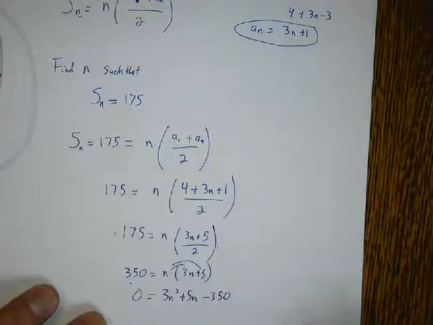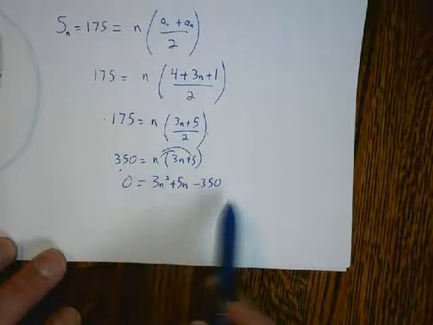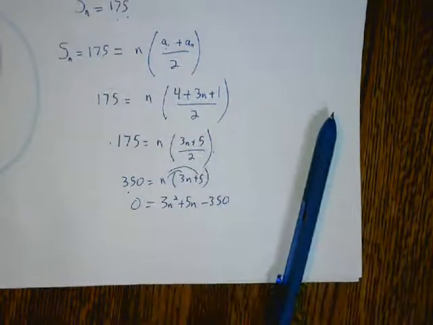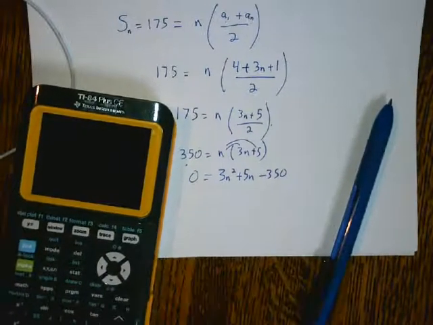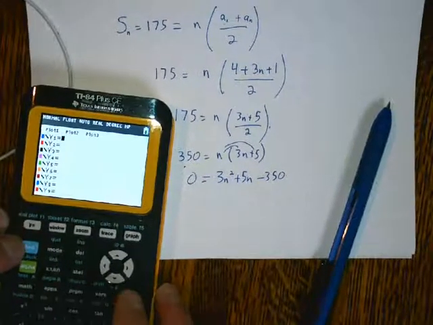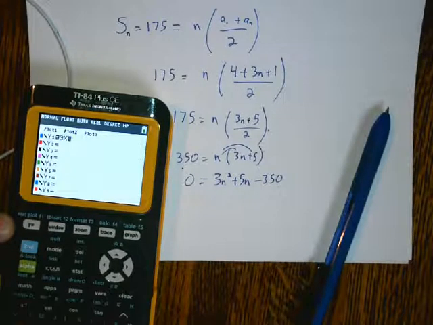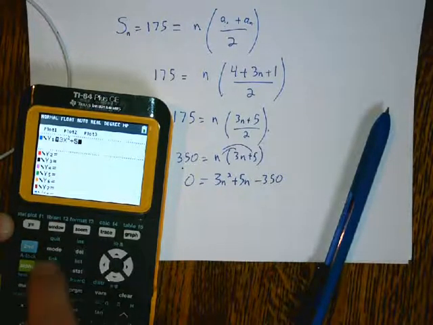And what we have from here is a quadratic. I don't know about you, but there is no way I want to factor that. So we're going to do our handy search for it in the table now. We enter this in: 3n squared plus 5n minus 350.